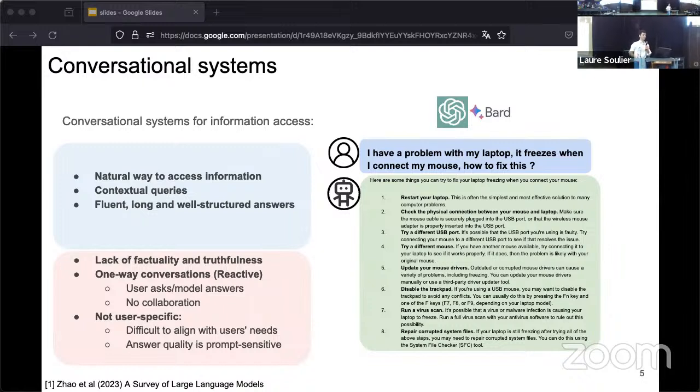However, they may lack factuality and truthfulness in the answer, and these models are trained in a very reactive way. This means that the paradigm is always: the user asks and the system answers. So these models are difficult to align with the user's need. Ideally, we want models that are able to engage in the conversation with the user to better understand the user's need.